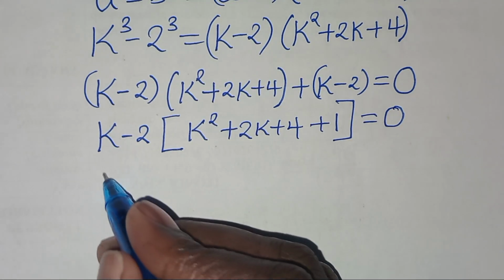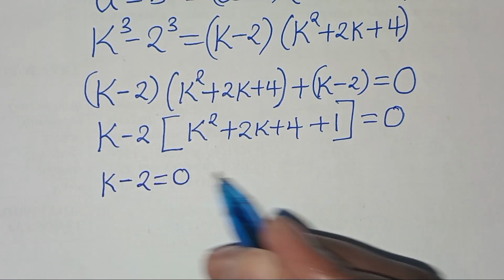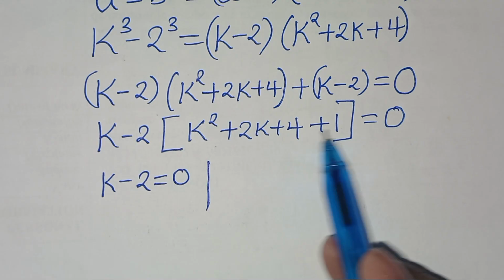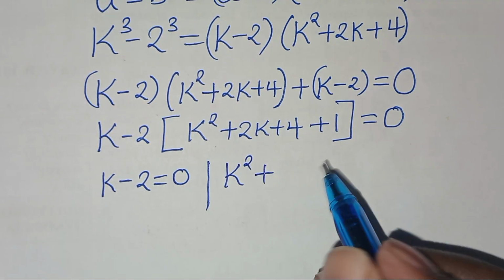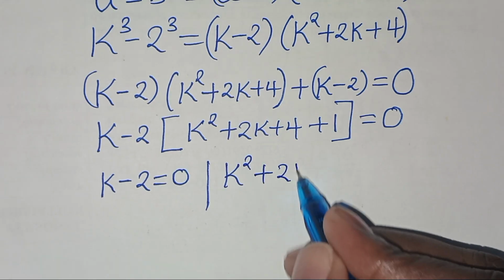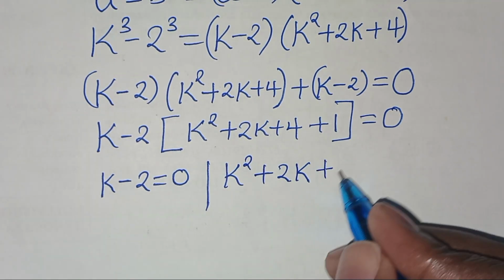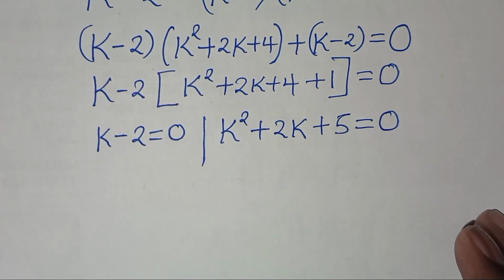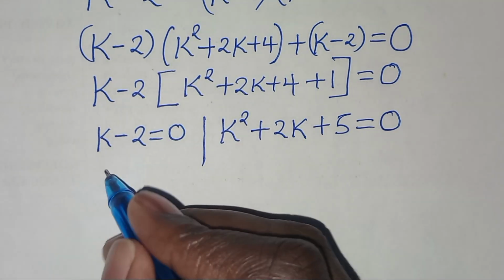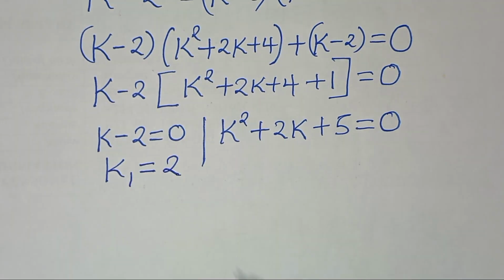Essentially, we have two parts here. We have k minus 2 equal to 0, and the second part, k squared plus 2k, then plus 4 plus 1, this is 5, so plus 5, equal to 0. From the first part, k1 is equal to 2.